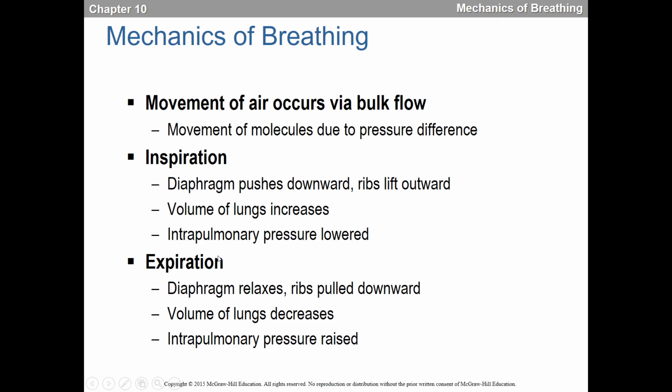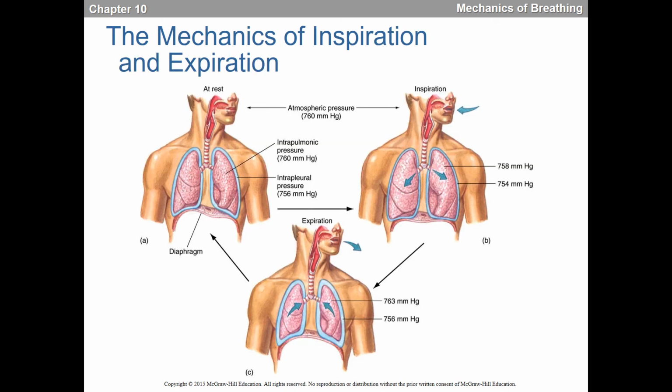So intrapulmonary just means within the lungs. So something to keep in mind here: atmospheric pressure at sea level is 760 millimeters of mercury. That really just means the amount of stuff in the air.